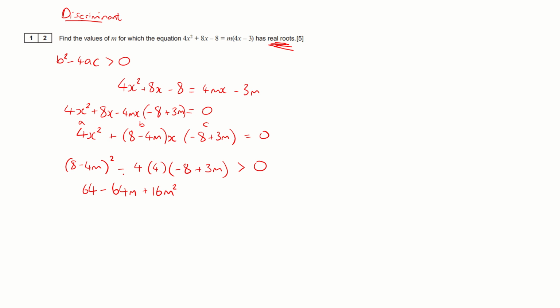Take away all of this, so that is minus 4 times 4, which is 16. 16 times 8, calculate the job, is 128, but it's a minus times a minus for the first term, so it's going to be plus 128. And we have minus 16 times 3, so that's minus 48m is greater than 0.